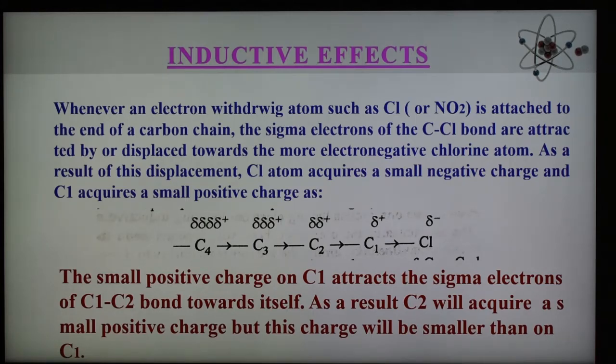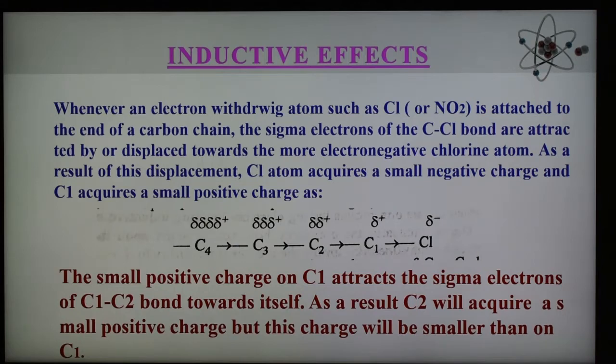The small positive charge on carbon 1 attracts the sigma electrons of the C1 and C2 bond towards itself, and as a result C2 will acquire a small positive charge, but this charge will be smaller as compared to carbon 1. In a similar way, carbon 3 will also acquire a small positive charge that will be still smaller than on carbon 2.